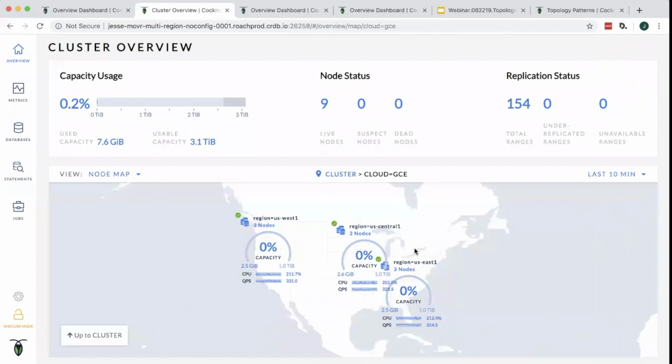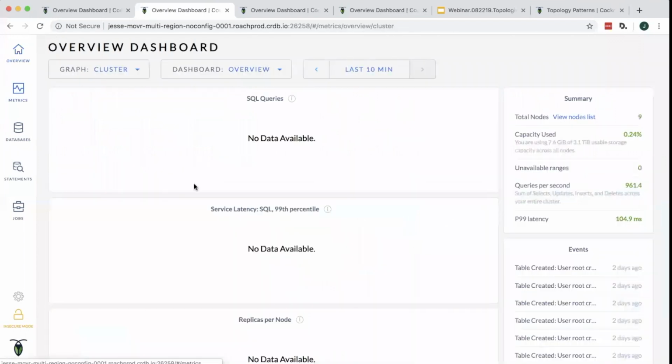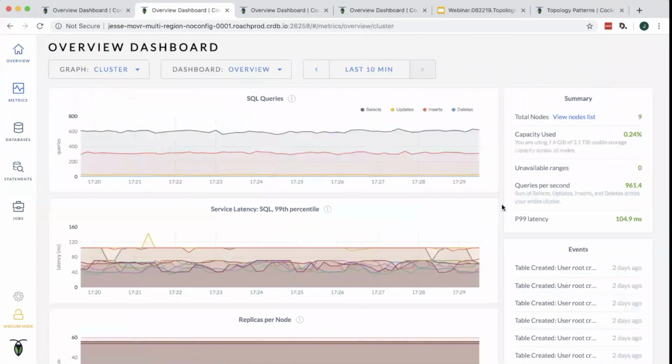And the other difference is that there's an instance of Movr running in each of these regions. So in the US East, Movr is running, passing requests through a regional load balancer that's redirecting to those nodes. There's Movr in Central running through another instance of HAProxy, rebalancing to the central nodes, and the same thing in the West. And so it's deployed like that, but we haven't actually done anything else.